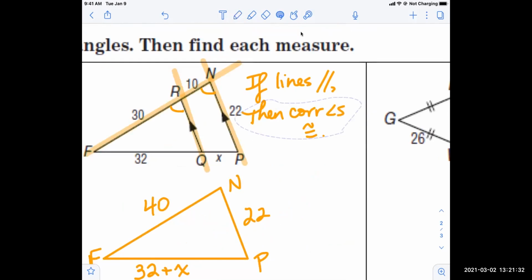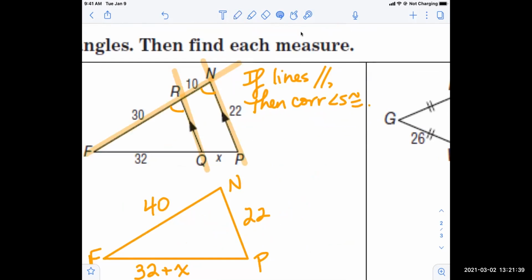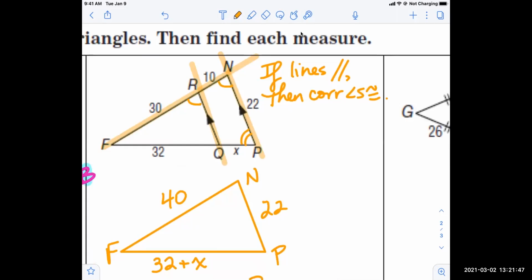Okay, where's there another pair of congruent angles? This can be anybody, it doesn't have to be Jake. Where? Okay, so if you say P, I know exactly which angle you're talking about. This one?